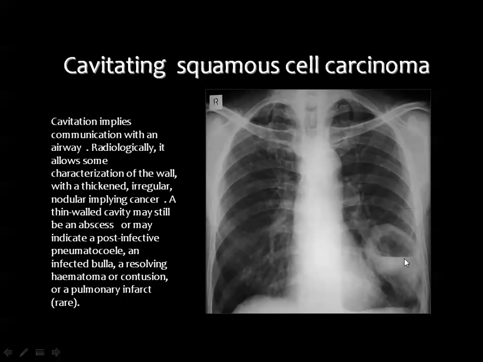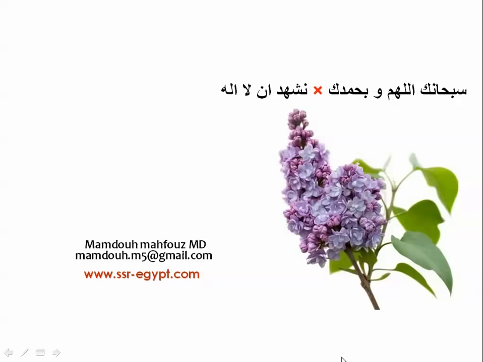But if you have a suspicion about the wall of the lesion and the irregularity of the inner margin, you should confirm this by CT scan, and don't jump to the diagnosis of cavitating bronchogenic carcinoma from the plain film unless you are sure about the thickness and the irregularity of the inner margin. And I thank you very much.